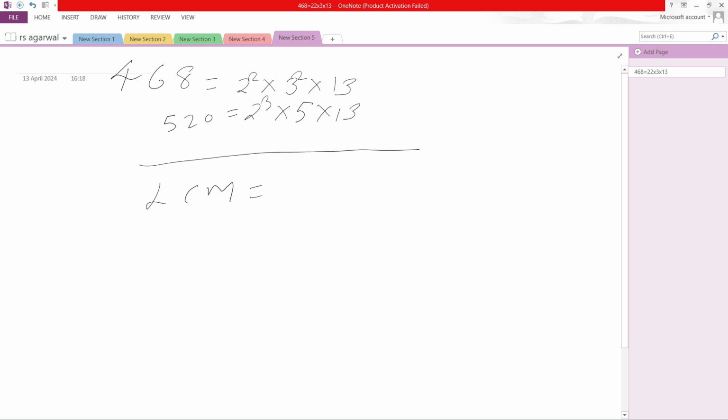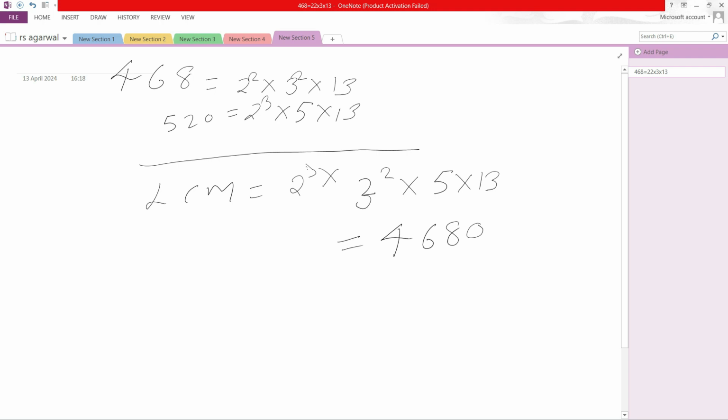LCM equals 2 cube into 3 square into 5 into 13. So the multiplication result is 4680.